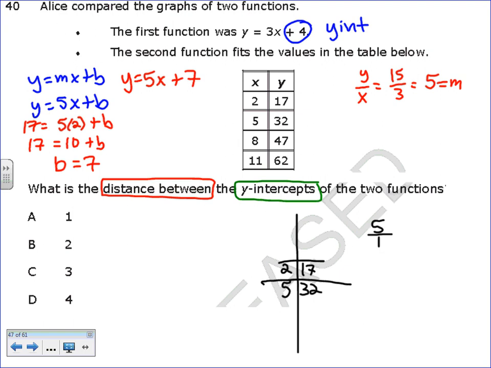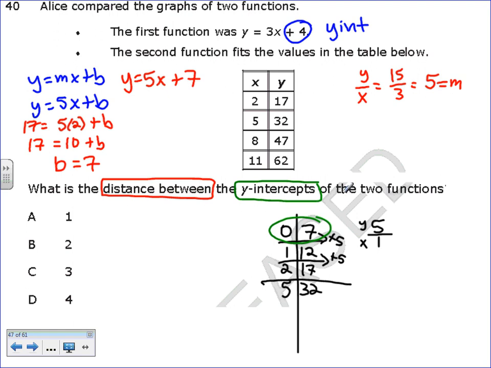So every time I go back 1 on my x's, I need to go back 5 on my y's. So what number when you add 5 gives you 17? 12. I need to do it again. What number when I add 5 gives me 12? 7. So if you're using the table method to find the y-intercept, that is your y-intercept.